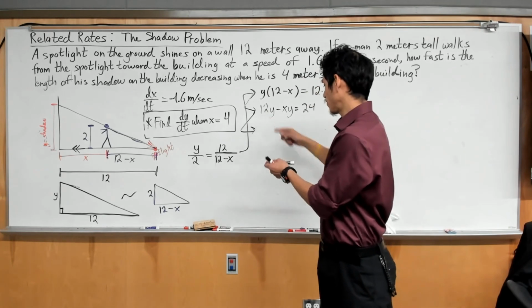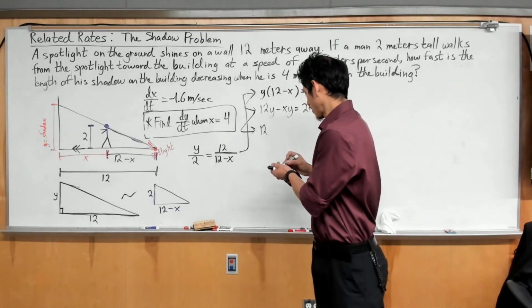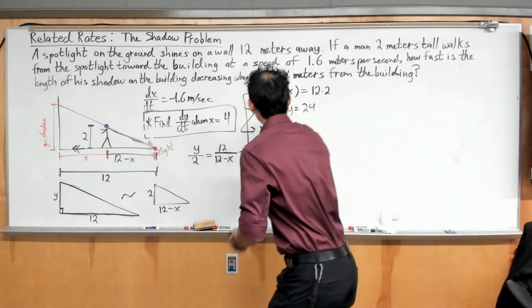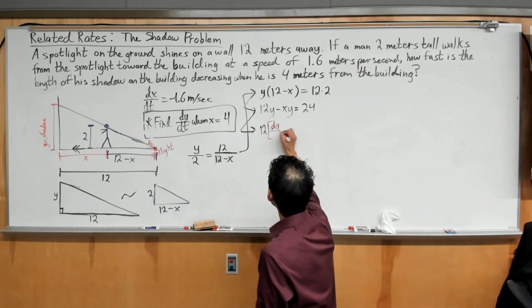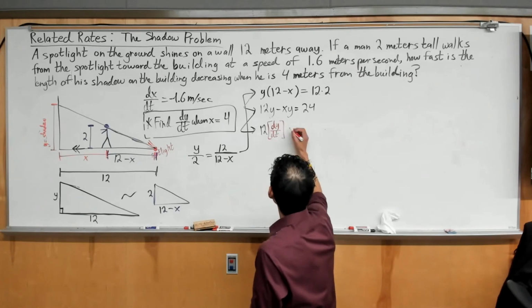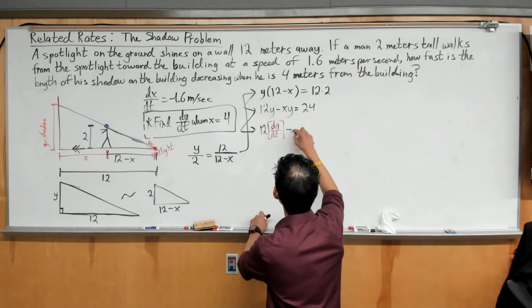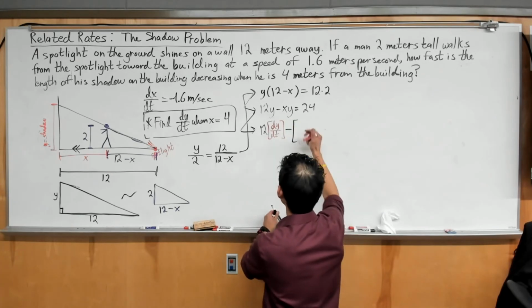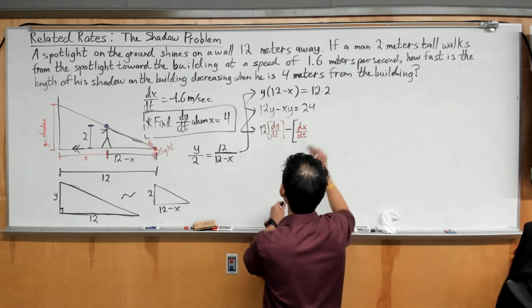So we'll go 12 dy/dt minus x dy/dt... so dx/dt times y.